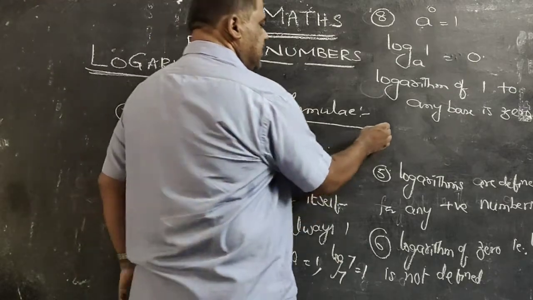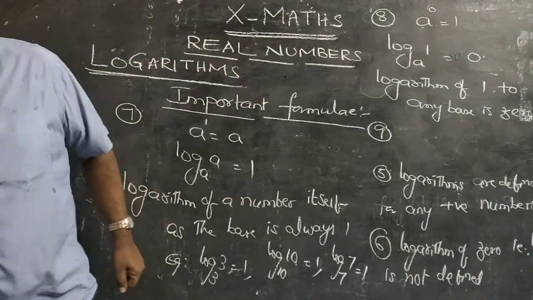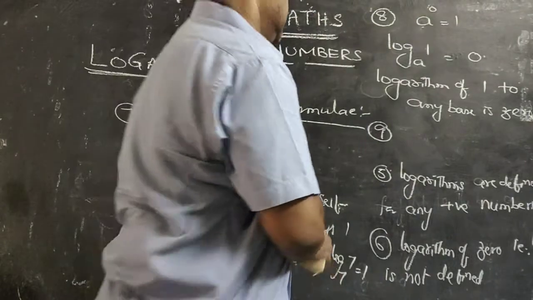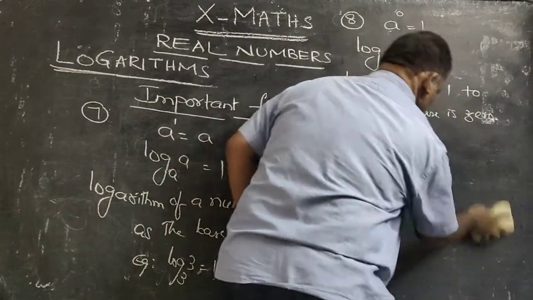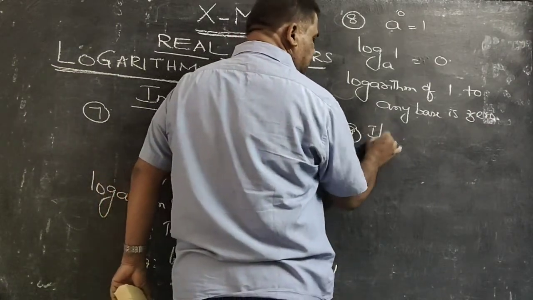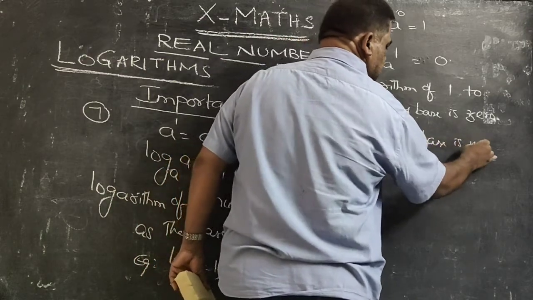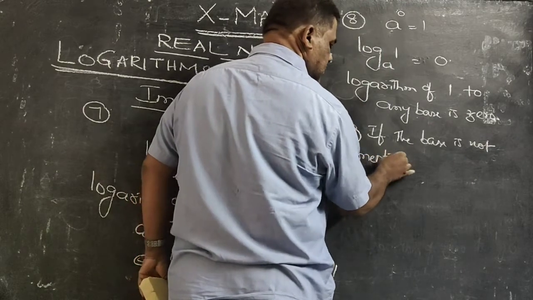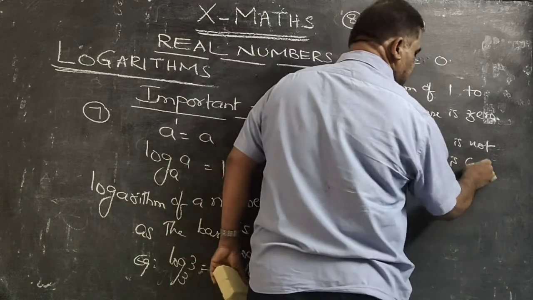Next, the ninth one is: in logarithms, if the base is not mentioned, it is considered as 10.